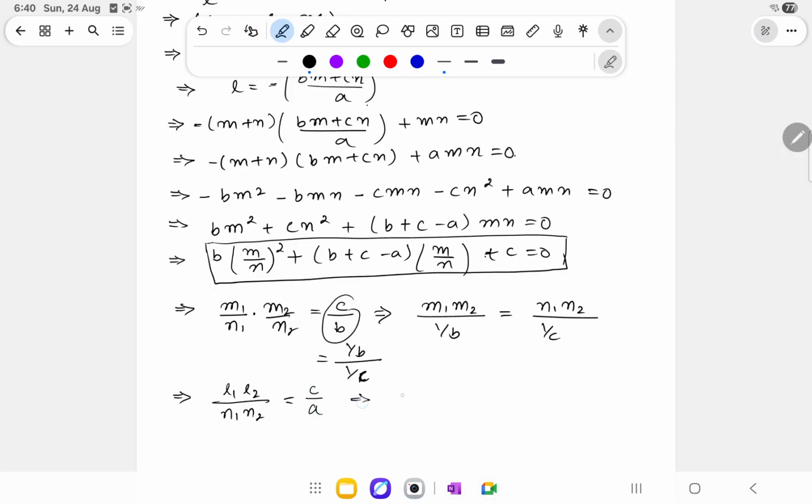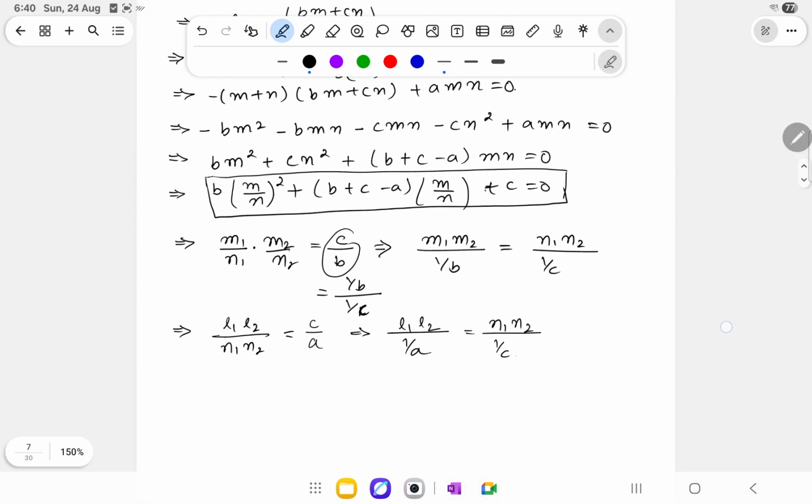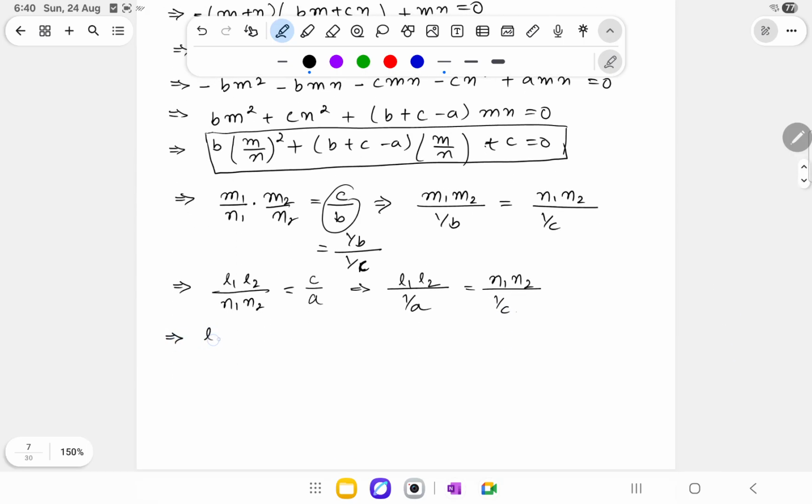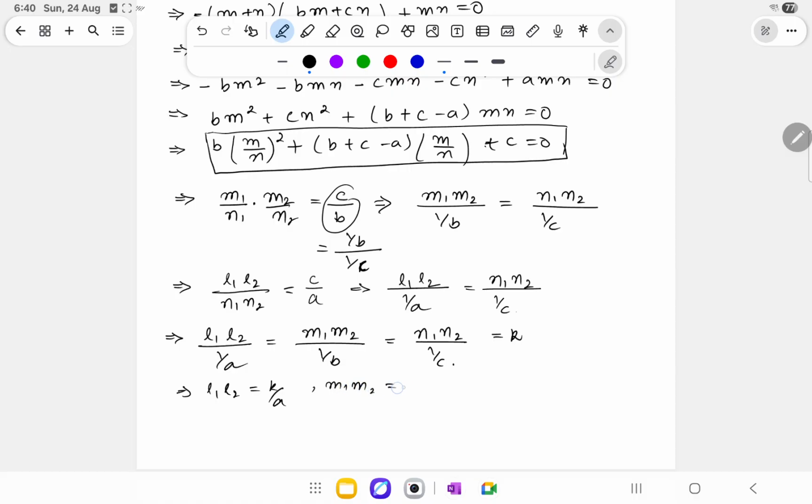So from here I'll get l1 l2 upon 1 by a equals n1 n2 upon 1 by c. So l1 l2 upon 1 by a is equal to m1 m2 upon 1 by b, which is equal to n1 n2 upon 1 by c. And if I equate it with k, I'll get l1 l2 as k by a, m1 m2 as k by b and n1 n2 as k by c.